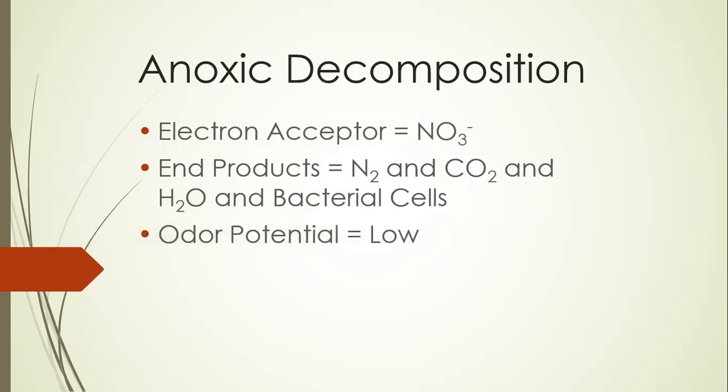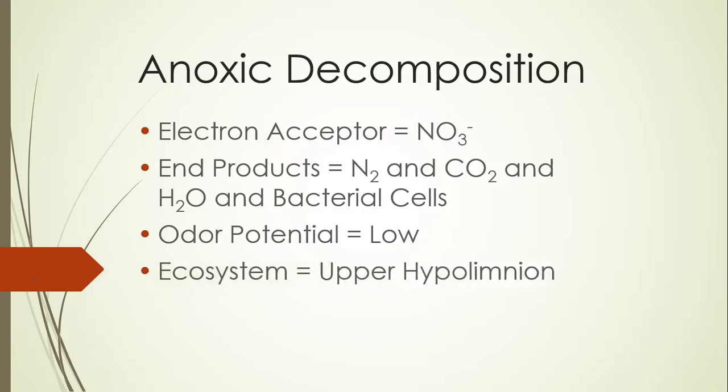In the anoxic decomposition also, you will see a relatively low odor, and a relatively safe disposal can occur into the ecosystem. So the main process that you can see in the decomposition of wastewater here is the denitrification process.